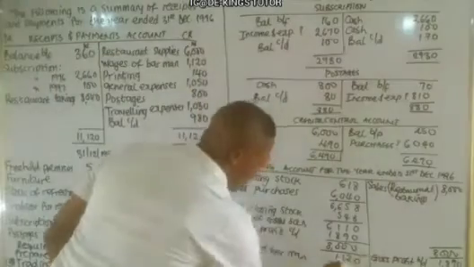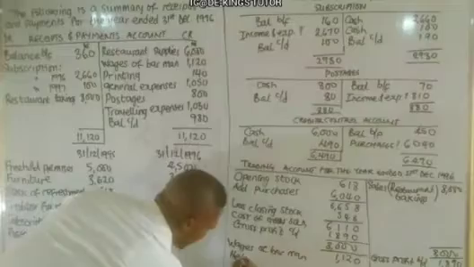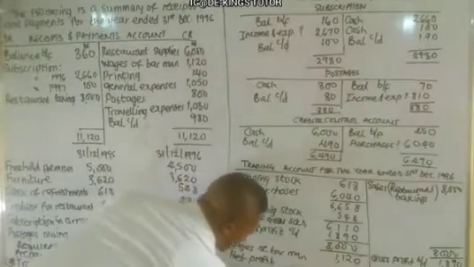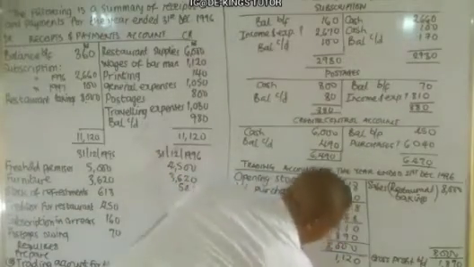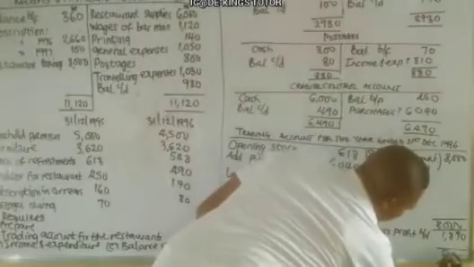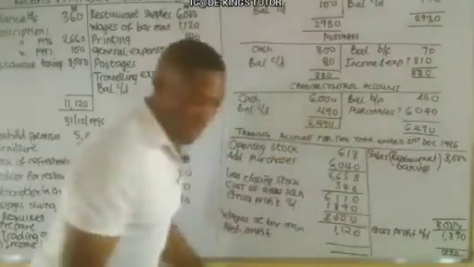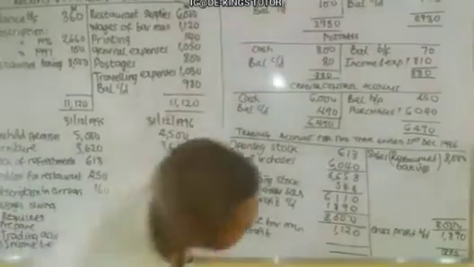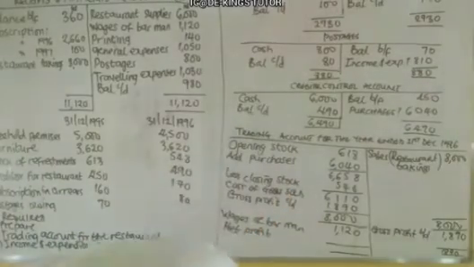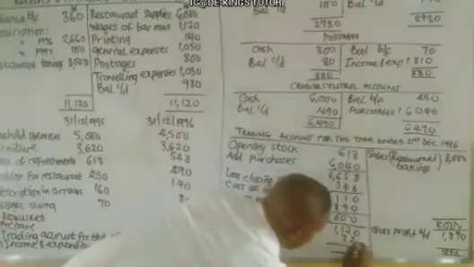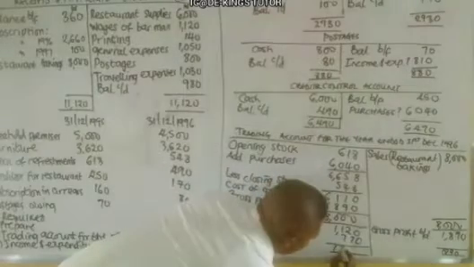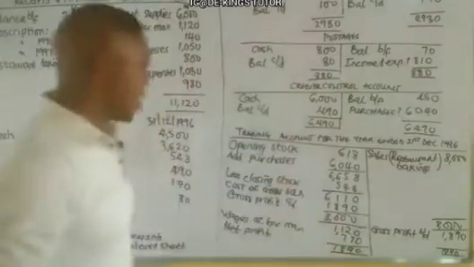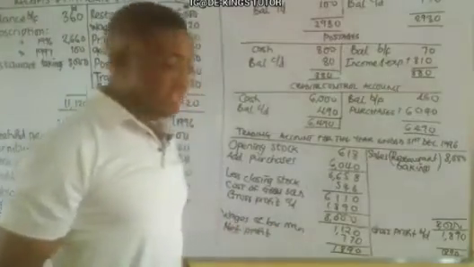So this minus this is supposed to give us the net profit. Okay? So this is 1,890 minus 1,120. With my calculator, it will give us 770. Okay? So our net profit here is 770.